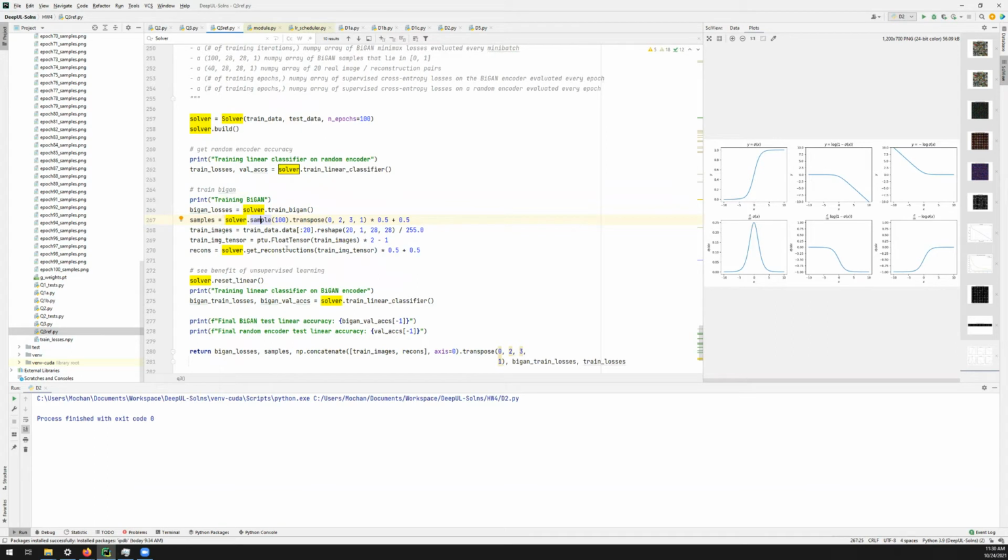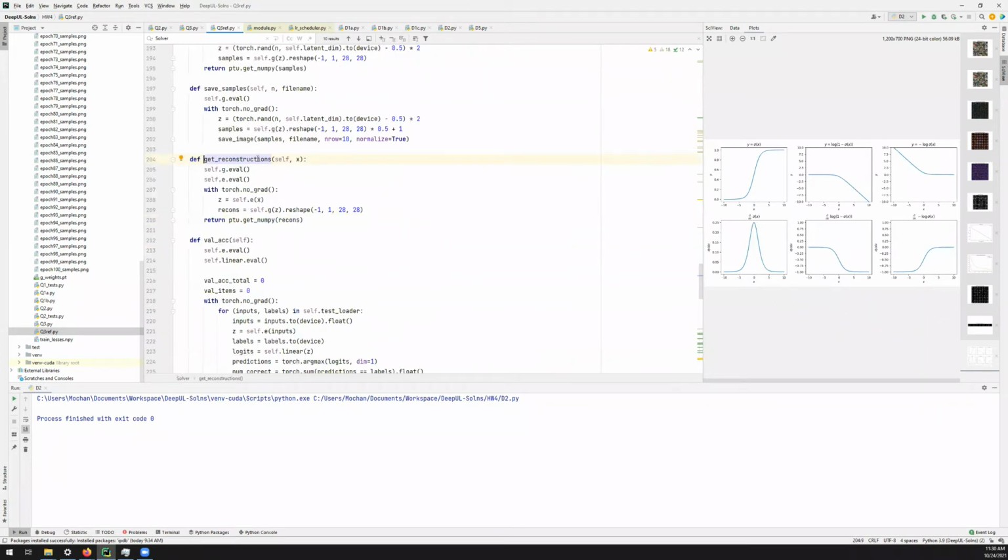and then you send it to get the reconstruction. So this is probably the same. So you encode it and then you generate it again, and then you reshape it back. Right, so you use the encoder to turn it into Z, and then you use Z to generate it again, and so you're just reconstructing it.